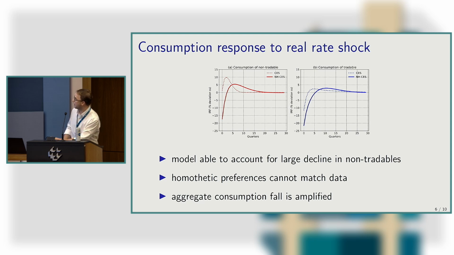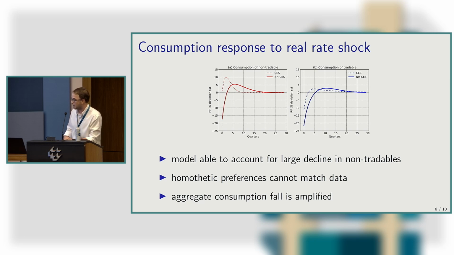So here are the consumption responses to this real rate shock, in non-tradables in red and tradables in blue. And what you can see is that the calibrated model is able to account for this large decline in non-tradables, whereas the shaded dotted line, which represents the response in the homothetic model, is unable to get close to the response of non-tradables to this shock.